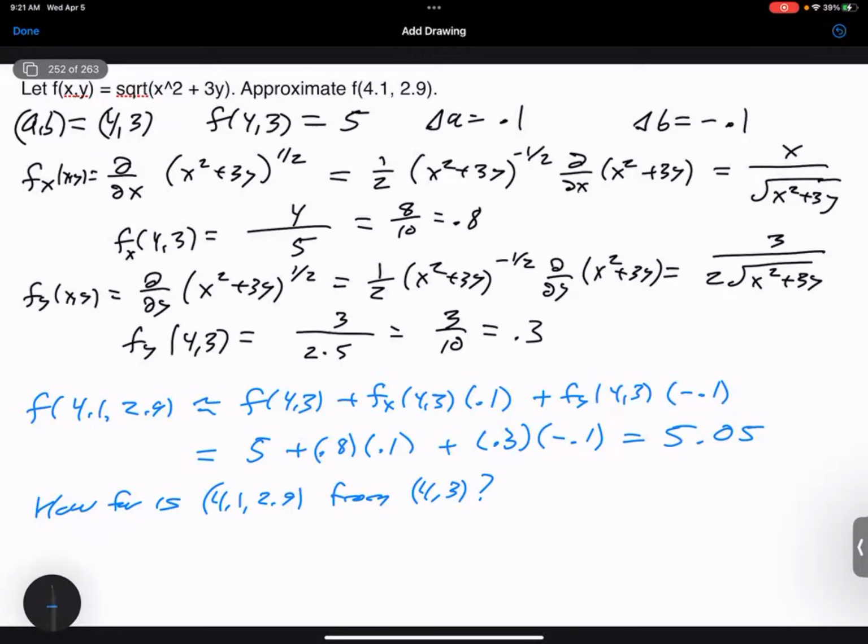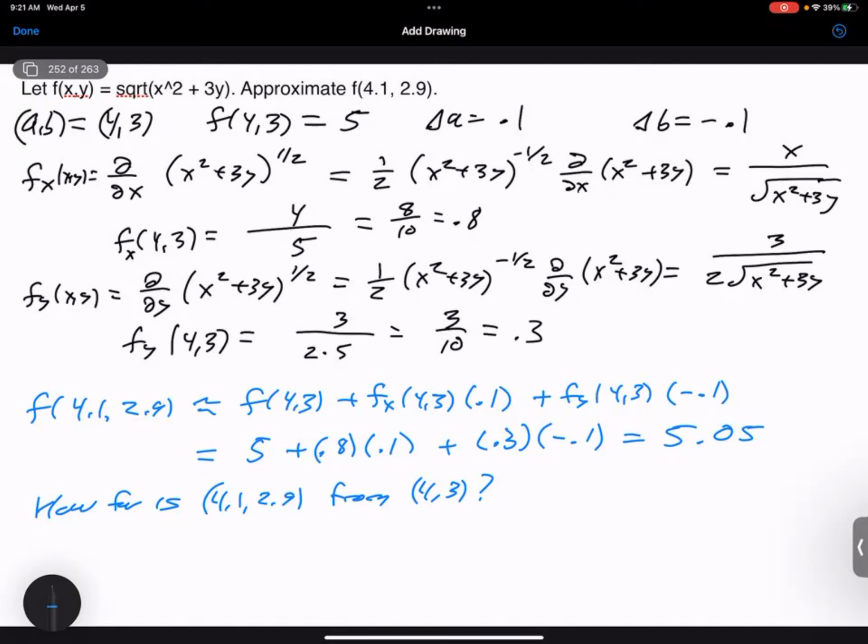Well, the 0.05 is my new value of my function. I'm approximating the value of my function as 5.05. It is almost surely not 5.05. That's my approximation. I want to know how far have I traveled? How far is the point (4.1, 2.9) from the point (4, 3)?